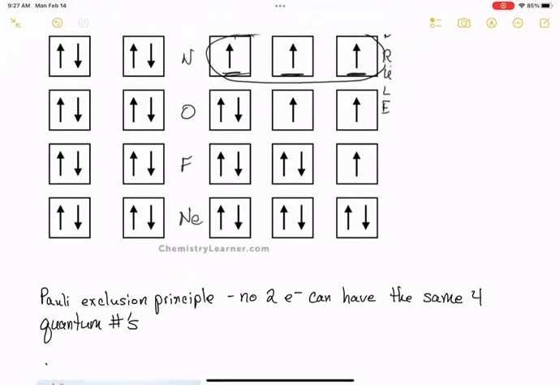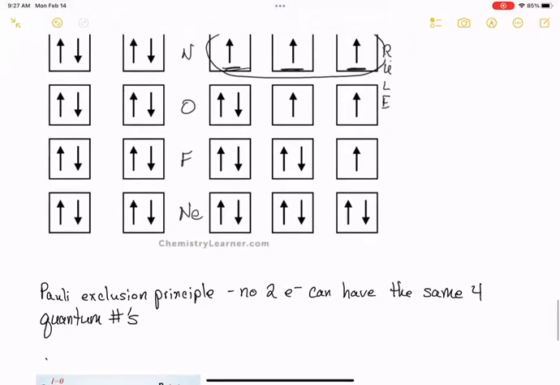And then again, the other principle was Pauli exclusion principle, which says no 2 electrons can have the same 4 quantum numbers. It is for this reason that we have the M sub s value. And it is for this reason that the maximum number of electrons in one orbital is 2.